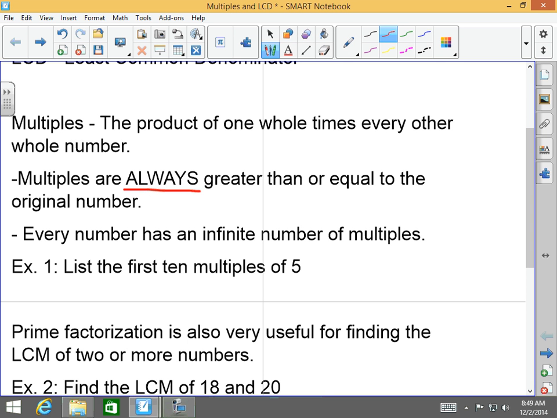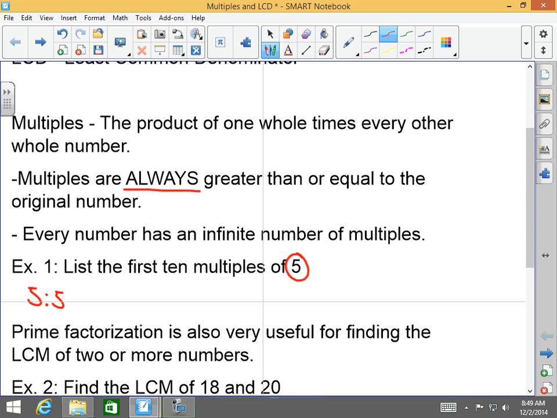For example, let's list the first 10 multiples of 5. How do we do that? Well, we take the number in question, which is 5, and we literally multiply it by every single whole number starting with 1. So 5 times 1 is 5.